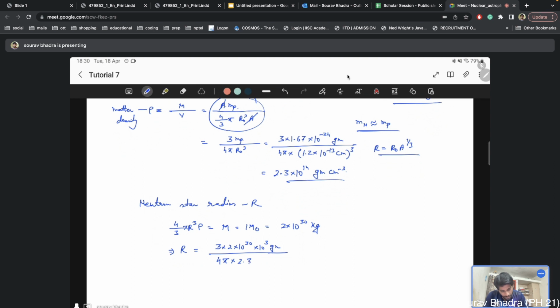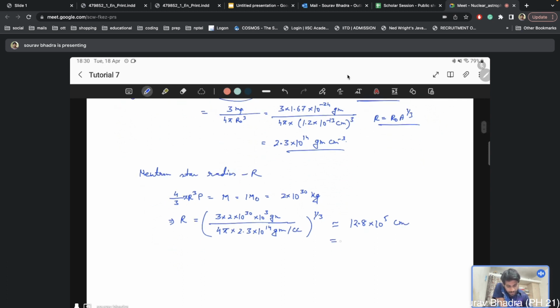Rho is in gram per cc, and there will be a power of 1 by 3. So if you calculate this, you will get 12.8 times 10 to the power 5 centimeter, which is typically 12.8 kilometer.